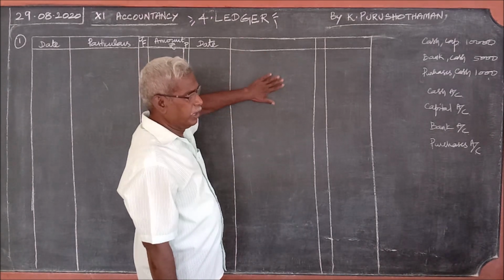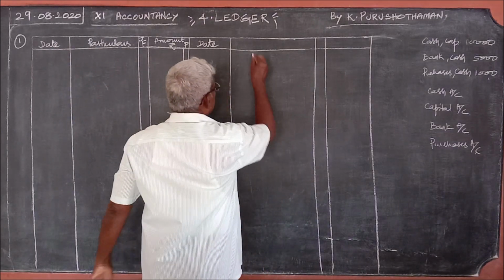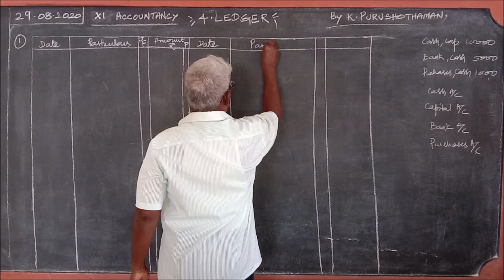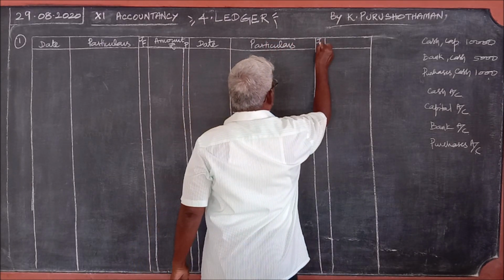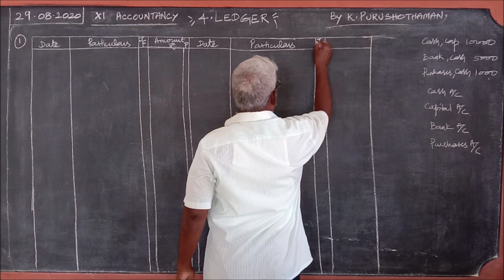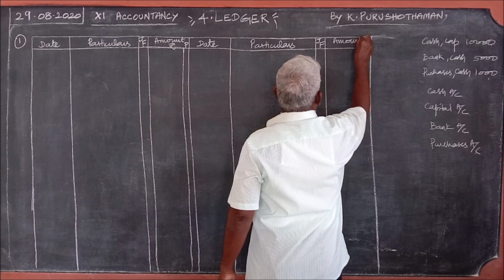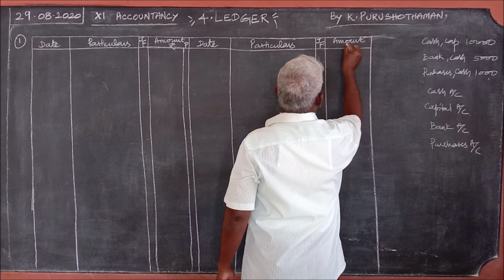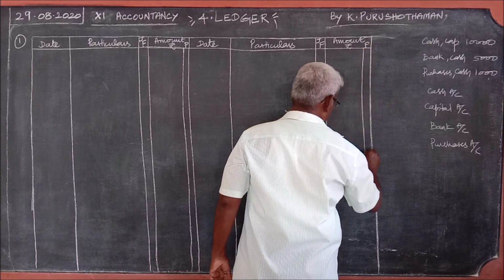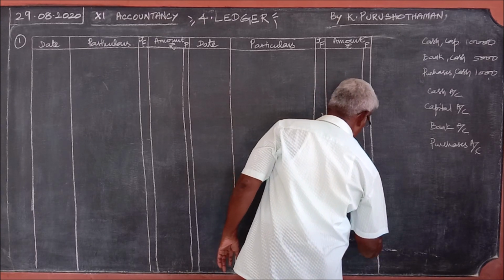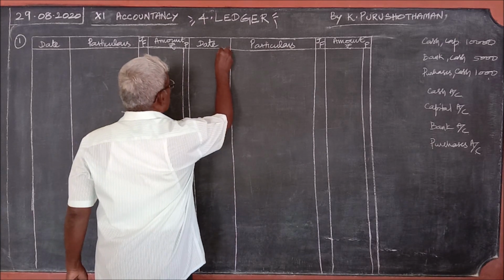But here, in terms of accountancy, we say this is debit side and this is credit side.